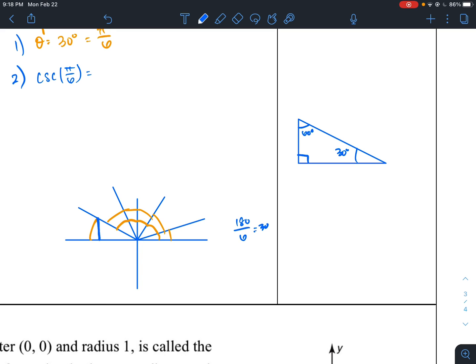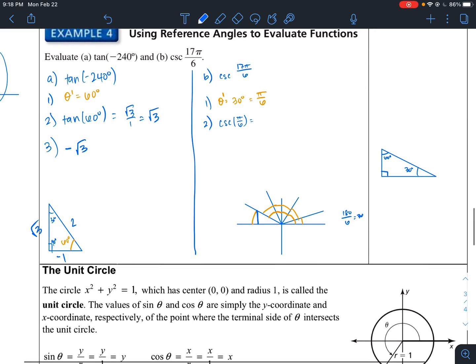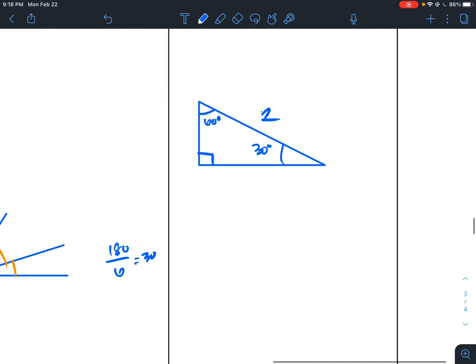This is the angle created from here, by the way. So this creates, again, a 30, 60, 90 triangle where my hypotenuse, or R, is 2. Across from my 30 degree angle is the smaller side, which is 1. Across from the 90 degree angle is the larger side, which is square root of 3.